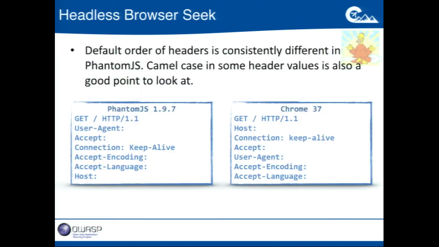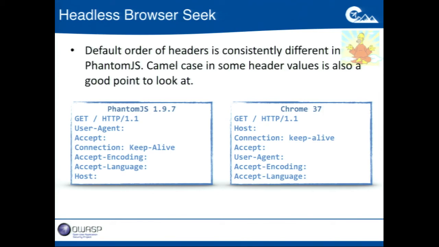Yeah, another thing to look at is, since I mentioned that one of the major differences between Phantom and the real browser is that the network is implemented by the Qt framework, we noticed that there are obvious differences. For example, in HTTP headers, all modern browsers will put the Host header on top of the list, while Phantom wouldn't, no matter which version of PhantomJS.